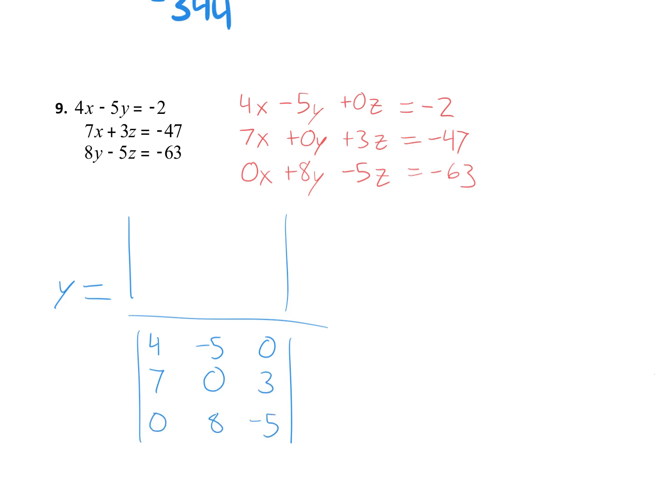And now because we're finding y, I'm going to keep the x column the same, I'm going to keep the z column the same, and now I'm going to replace the y's with negative 2, negative 47, and negative 63. So now I rewrite the first two columns.